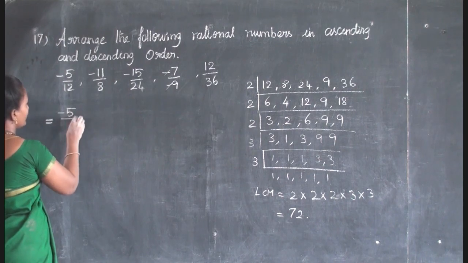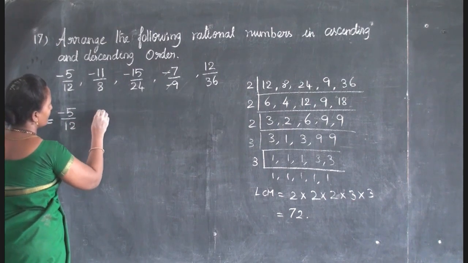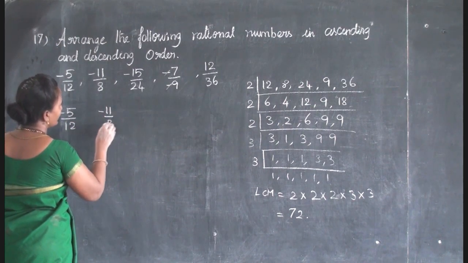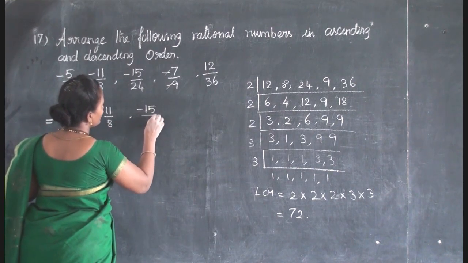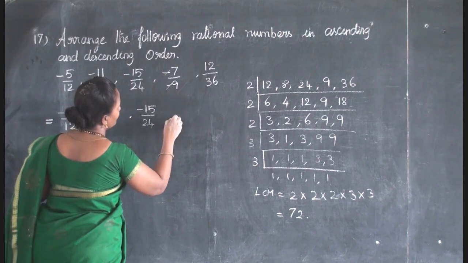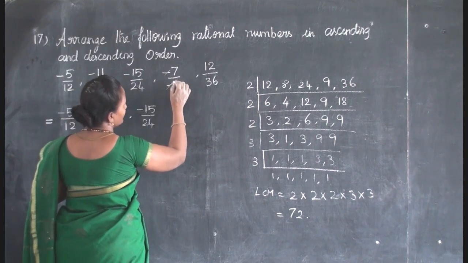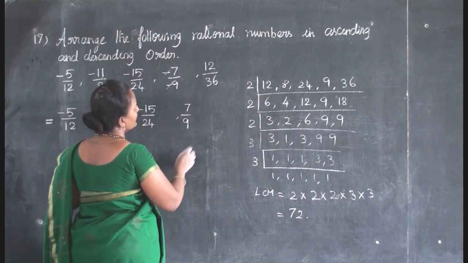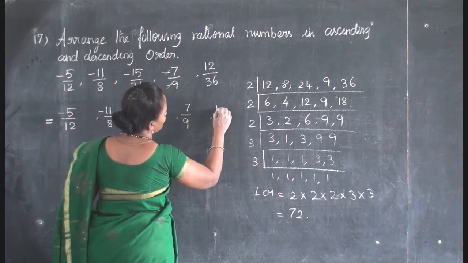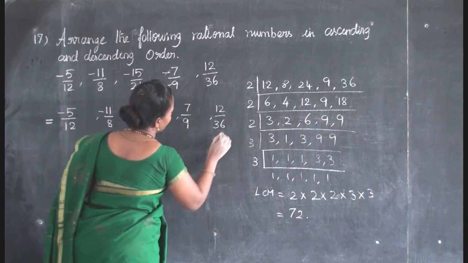Minus 5 by 12, minus 11 by 8, minus 15 by 24. Here minus minus cancel, so plus 7 by 9 and 12 by 36.